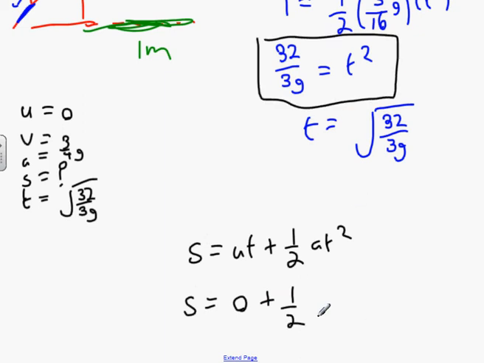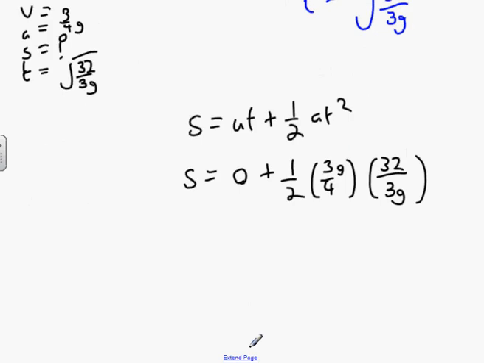So it's a half times 3 over 4g multiplied by 32 over 3g. Now, what on God's green earth is that, guys? Can somebody do that? It's a 3g, 4. Show us 4 meters. There we go. 4 meters.